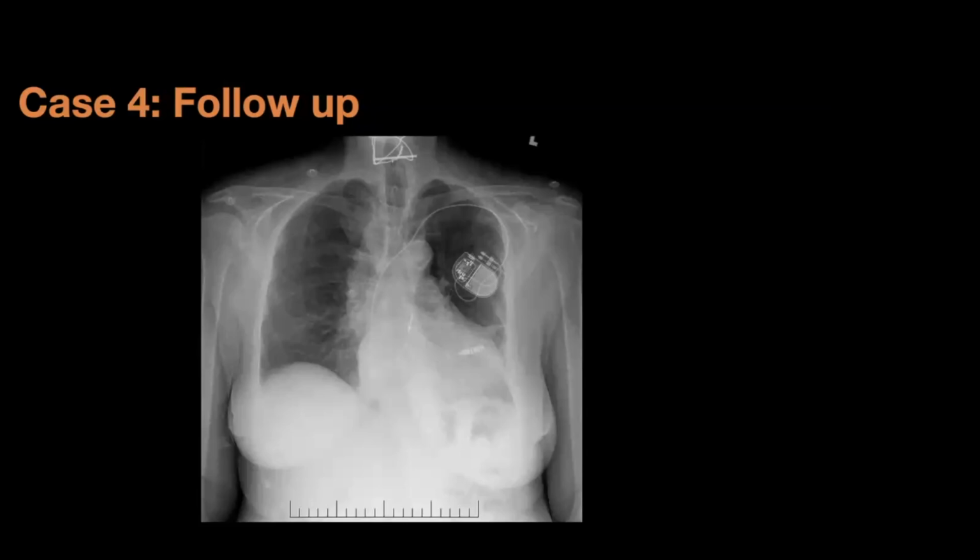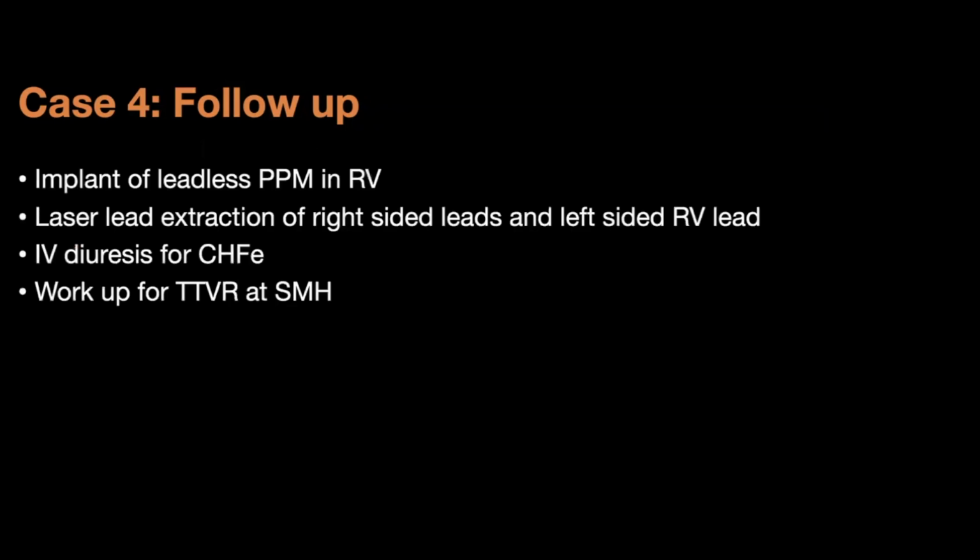Yeah. So just a message to some of the colleagues. I think these days, not only do you have to document or figure out how much TR there is, but also the mechanism. So it's very important to do all your sweeps in the parasternal views, as well as the apical views, to try to figure out which leaflet is doing what, because I think that's really important to figure out the mechanism, because that's how it will guide what we look for in TEE, as well as our course of treatment for our patients.